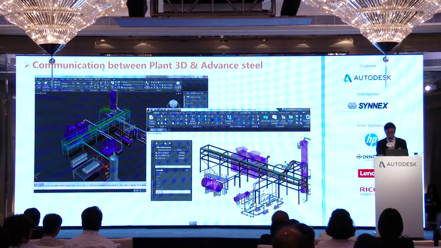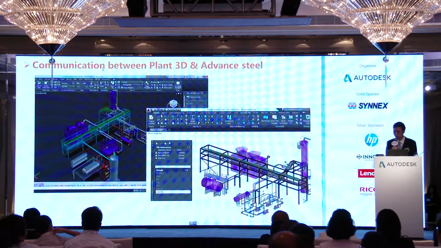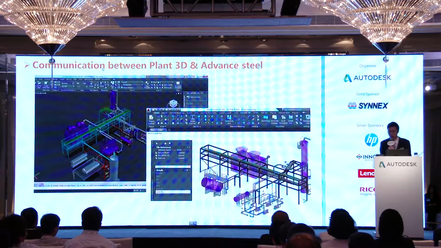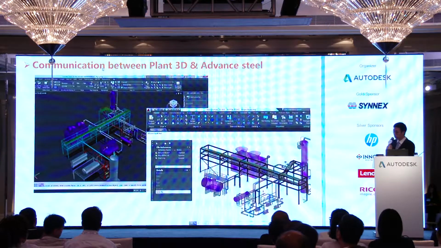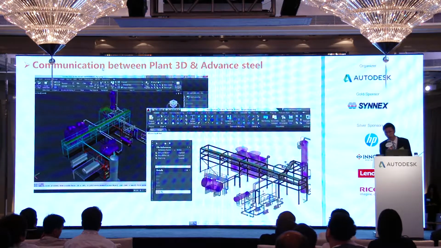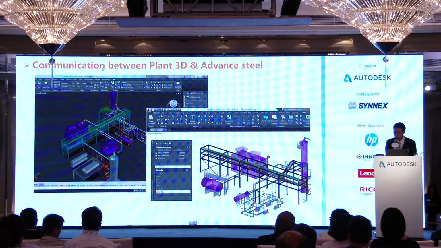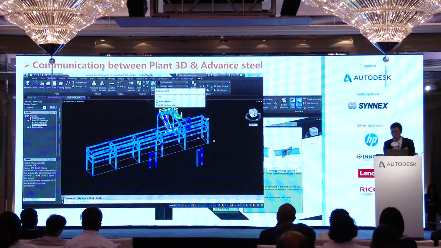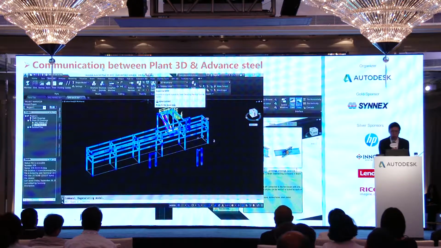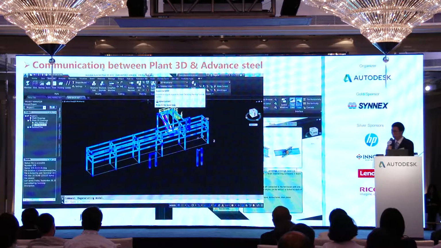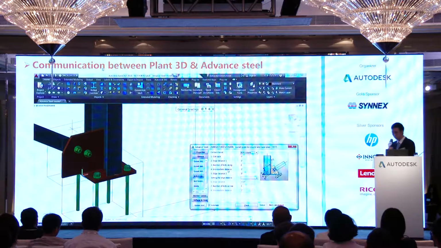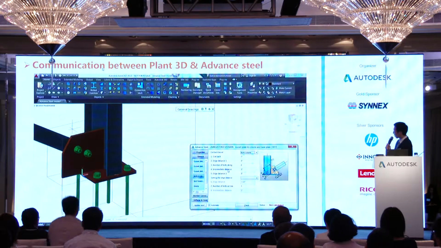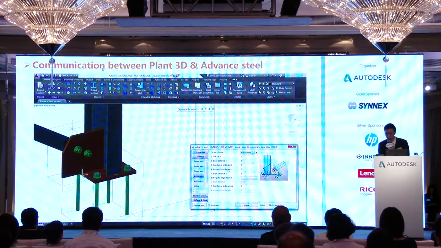We can create the concept steel inside Plant 3D and obtain the top of steel and the general locations. We export using SDNF data and import into Advanced Steel via SDNF. So we can add, create, and modify as you wish with the new model, and then save the objects and add the connection details.